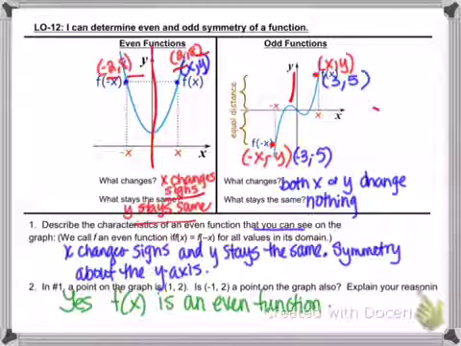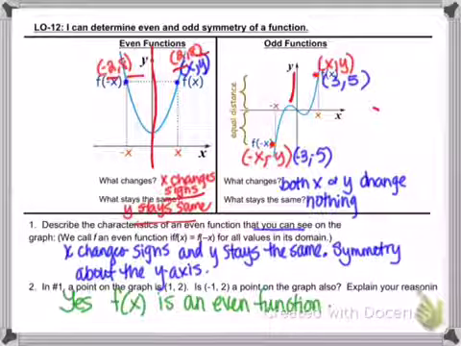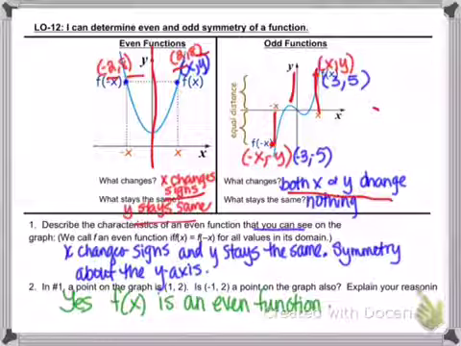Alright. Odd functions are rotational about the origin, so you can rotate them around the origin. They're equal distance from the origin. Notice how this one goes up 5, this one goes down 5. Also notice that both the x and the y values change.